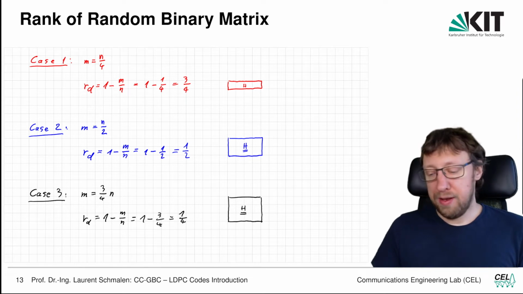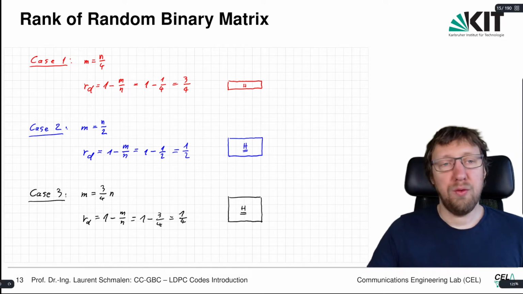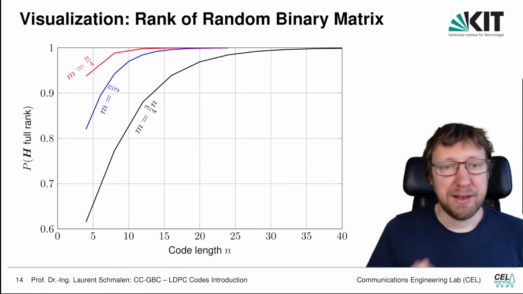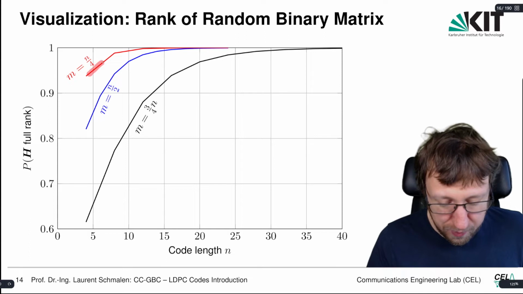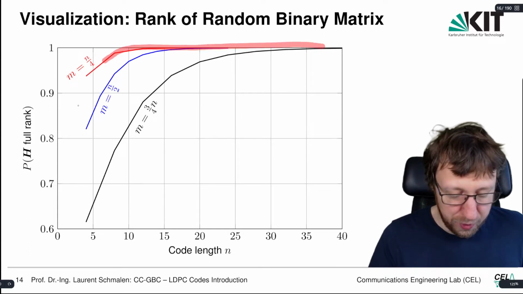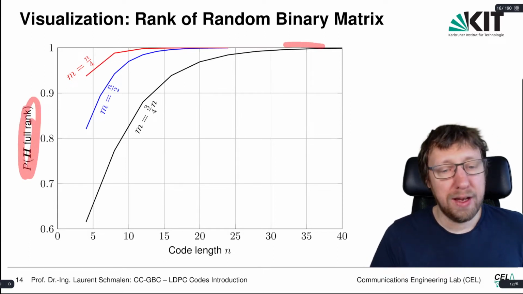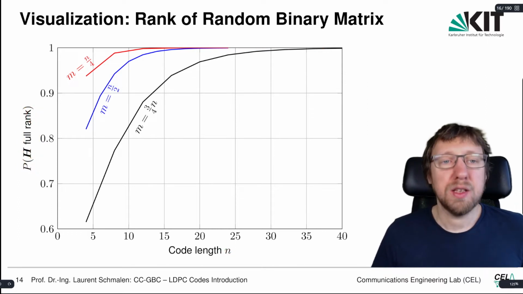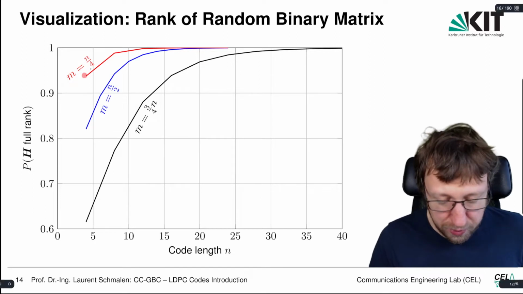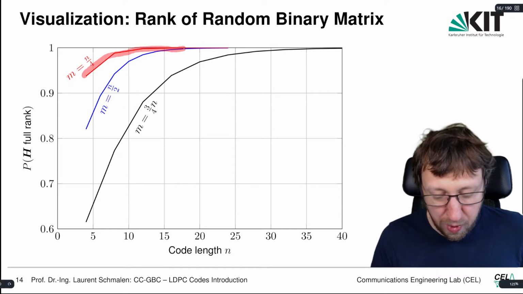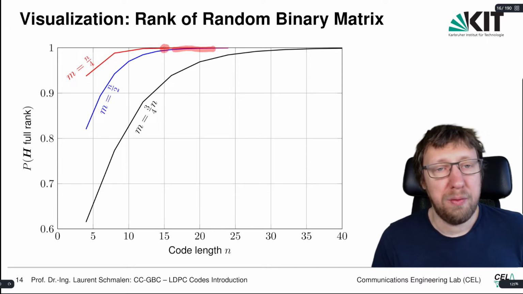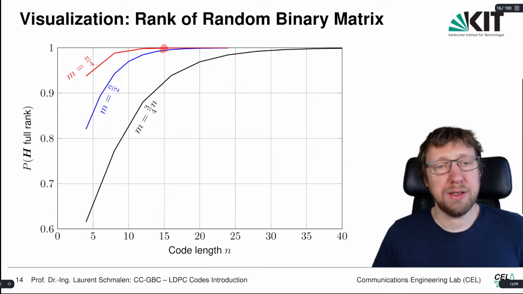So let's evaluate the equations and take a look at what we get. And this is what we get. As expected, we approach 1. Here we show the probability that we have a full rank as a function of the length of the code n. For the rate 3 over 4 code, we approach 1 very rapidly, and already for length 15, we have a probability that is close to 1 of having a full rank matrix.